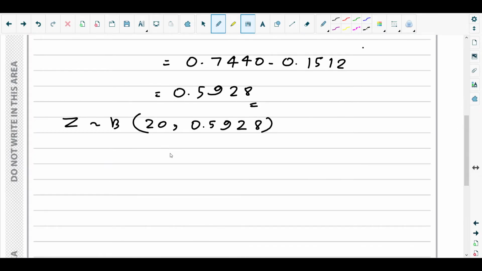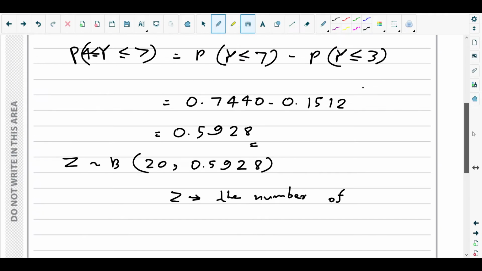So this is a new variable, Z, distributed binomially with 20 samples. What does the variable Z represent?